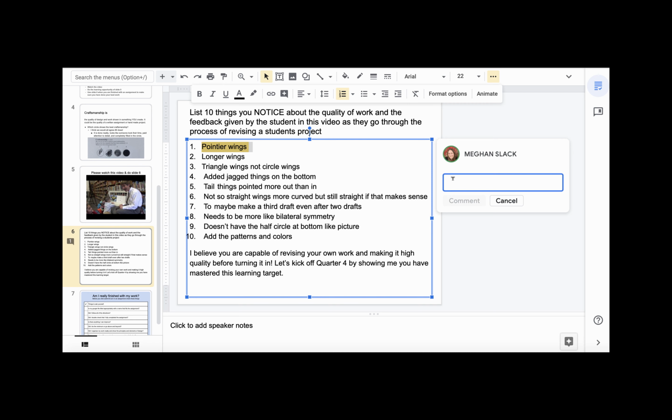Let's see, I'm thinking here on the spot. Number 1 does not seem to tell me something about quality of work. It just describes specific feedback the students gave Austin in the video.